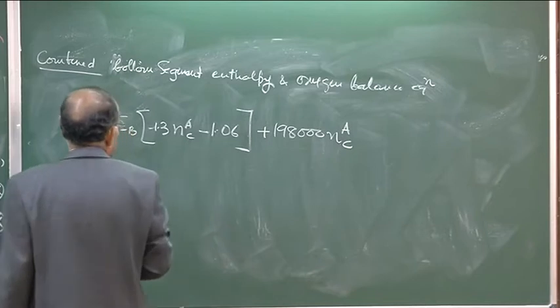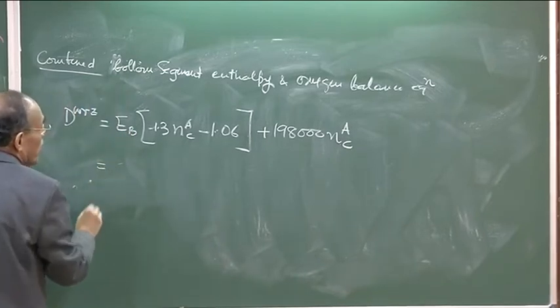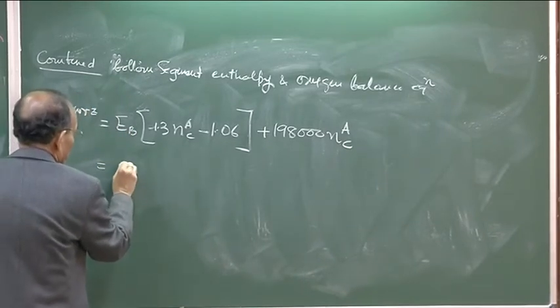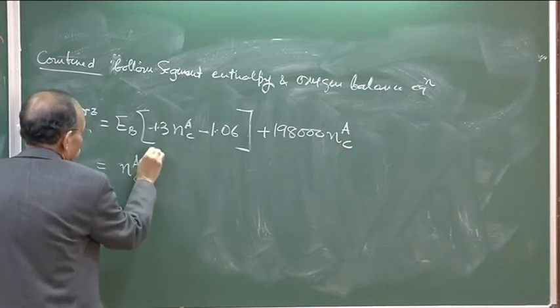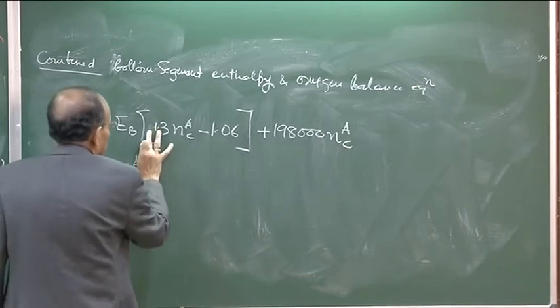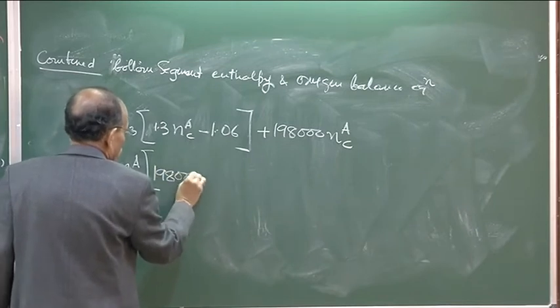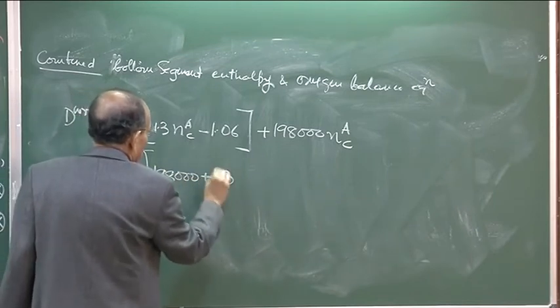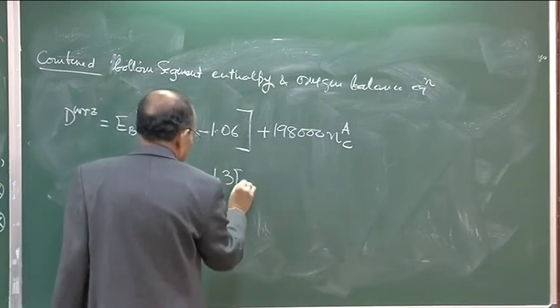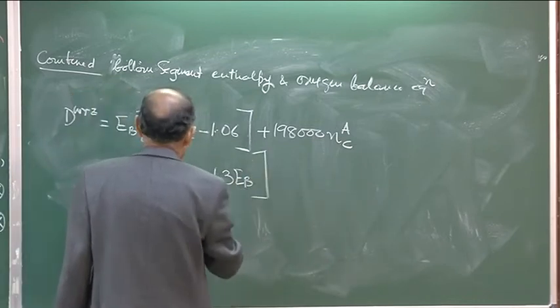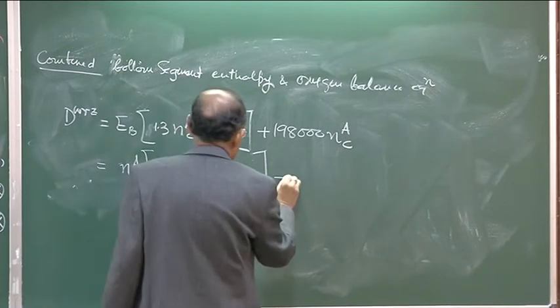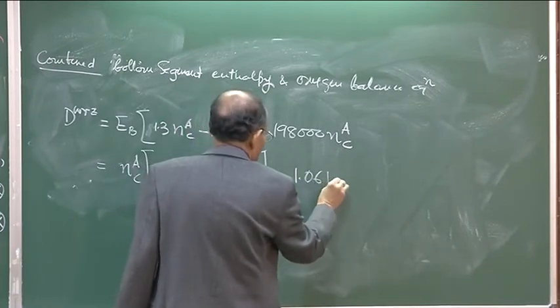This essentially gives us NSC times (1.3) EB, and this is going to be minus 1.06 EB.